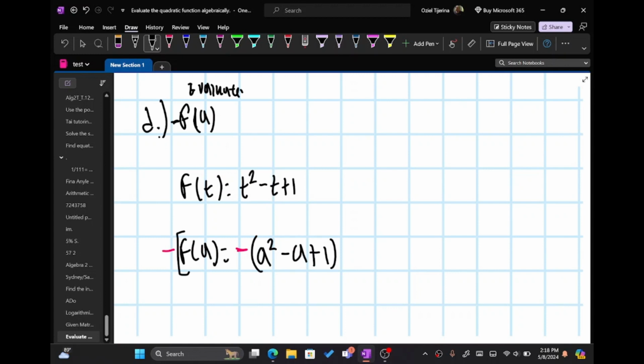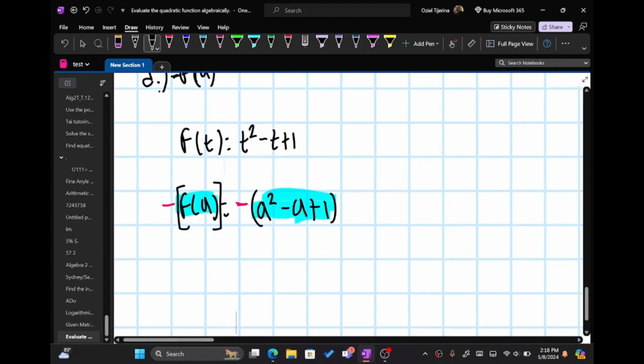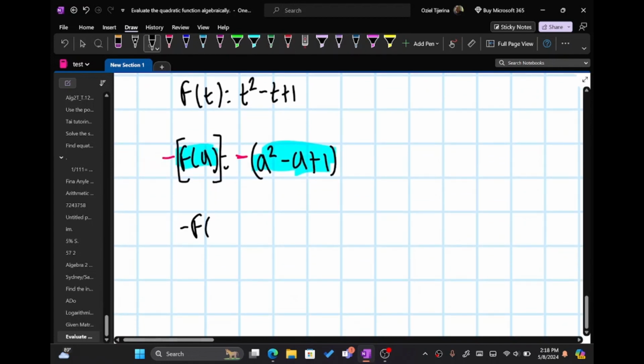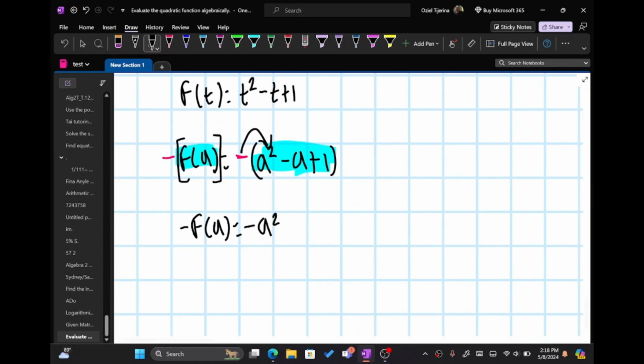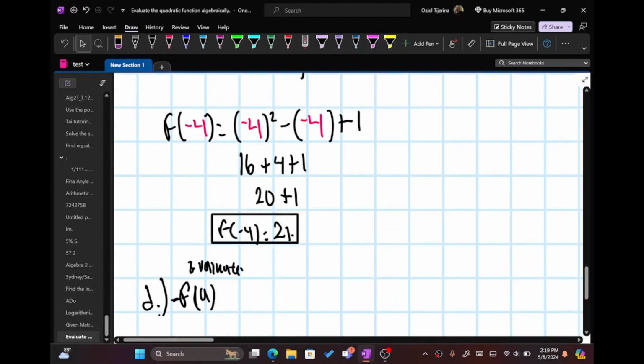Notice that this entire negative is being distributed to this entire part. So negative f of a is therefore going to be negative a squared, and then plus a minus 1. So we want to make that very clear, right, guys?